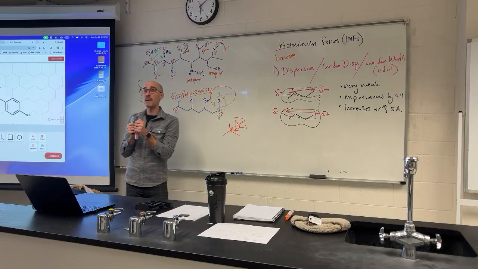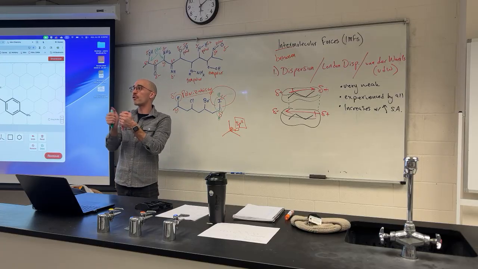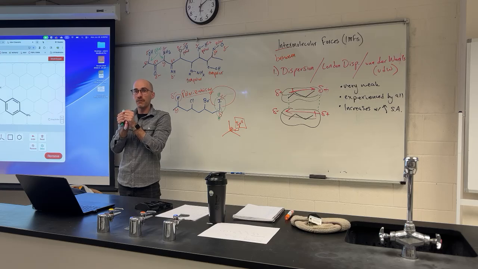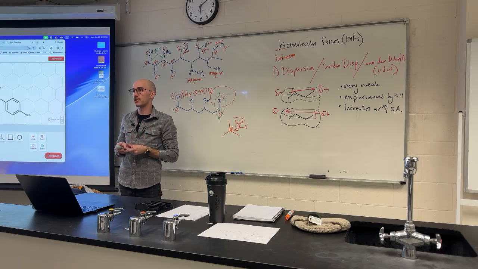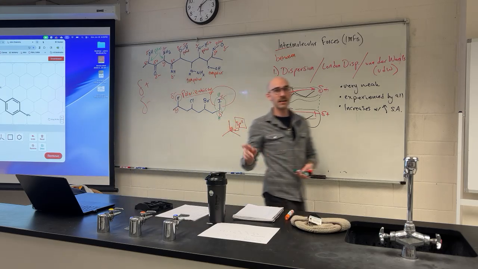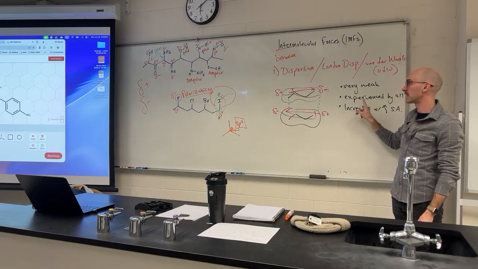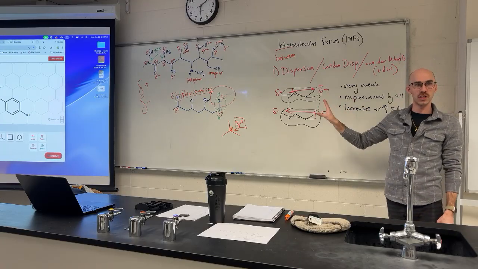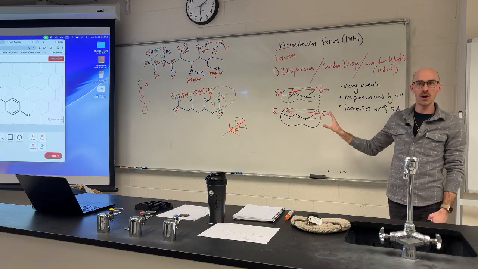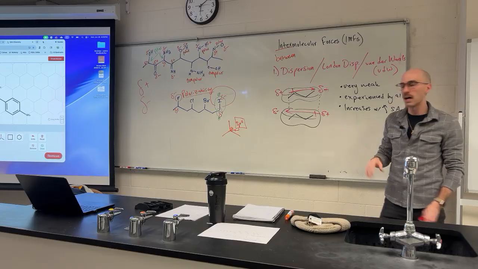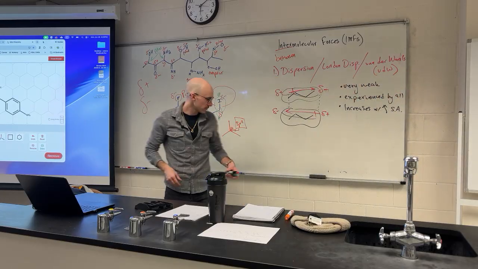And so to move past each other, they have to overcome that attraction. They have to, like magnets, have enough energy to break past each other. And because this is instantaneous, because it only exists for a moment before it changes, that's not hard to overcome. It doesn't take a lot to get past.